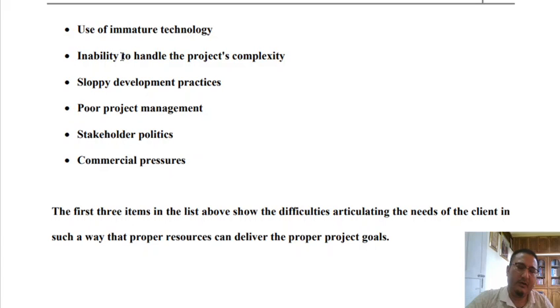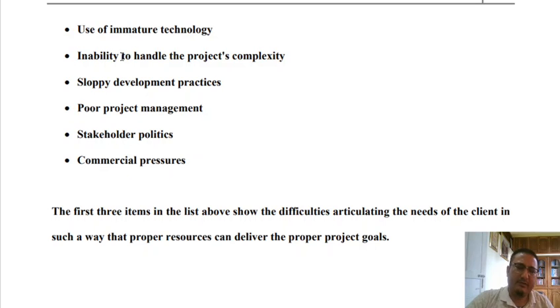If you are not well equipped to decompose the overall complexity into a manageable set of complexities, then the software project management process may fail. Likewise, sloppy developmental practices. If you adhere to very sloppy developmental practices while developing a software application, then the software project management process may fail. Likewise, poor project management skills, stakeholder politics, and commercial pressure.